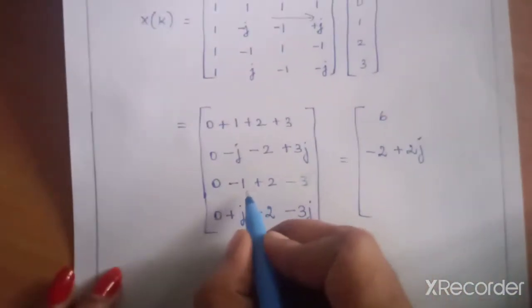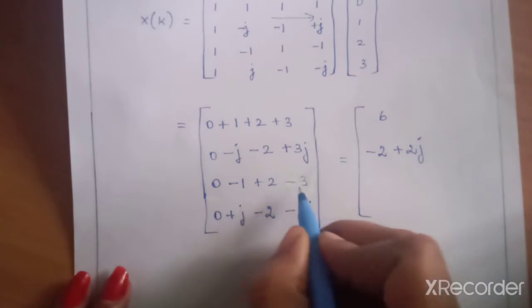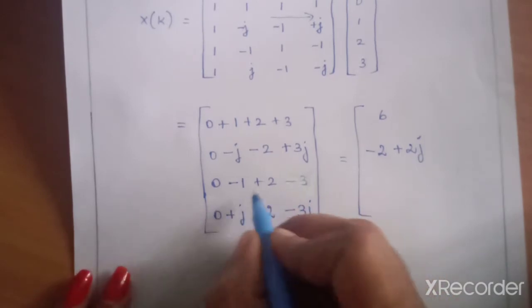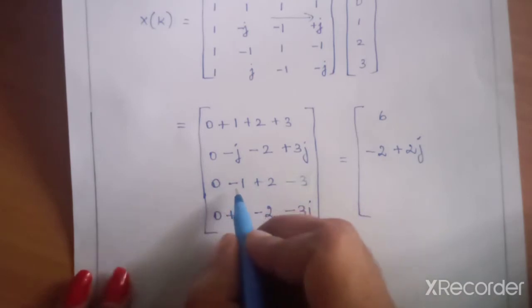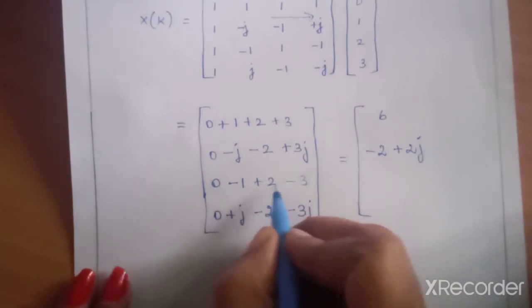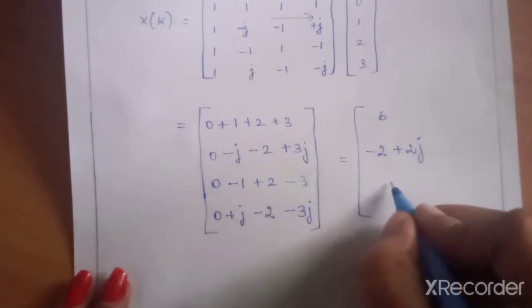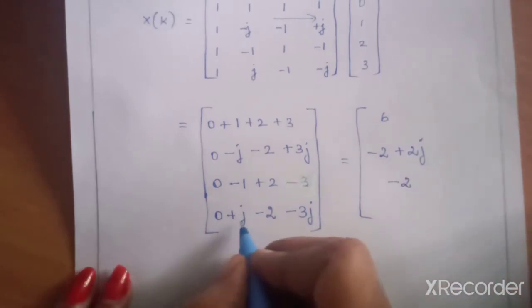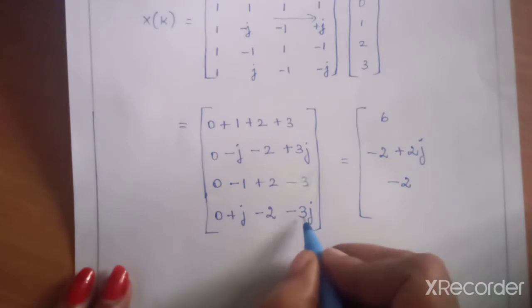Next, for the third row, all have the same real value. So minus 1 plus 2 minus 3, which will be equal to minus 2. Then 0 plus j minus 2 minus 3j.